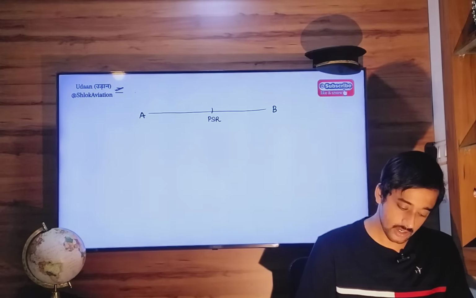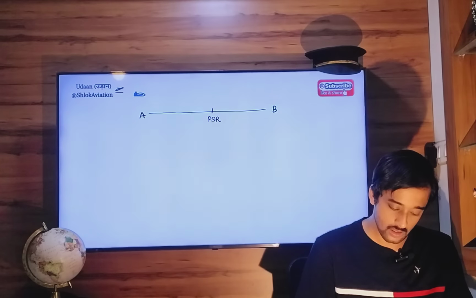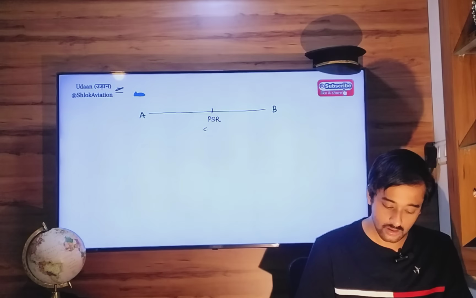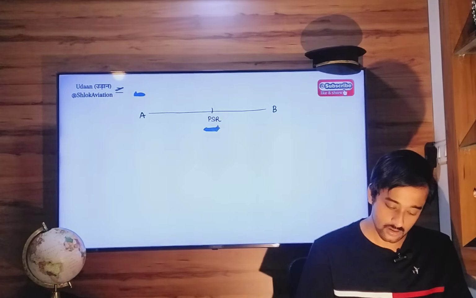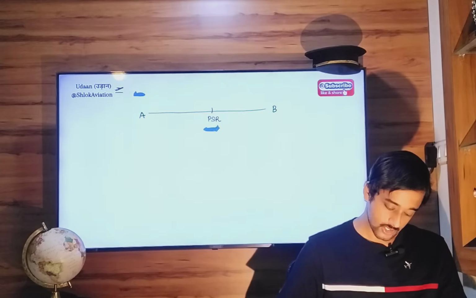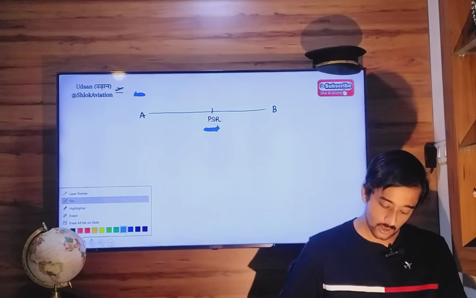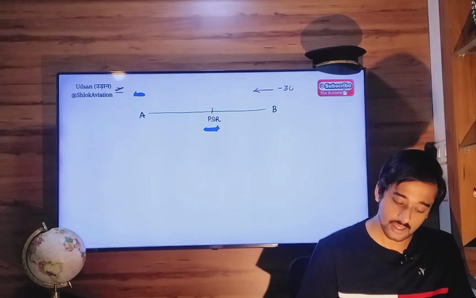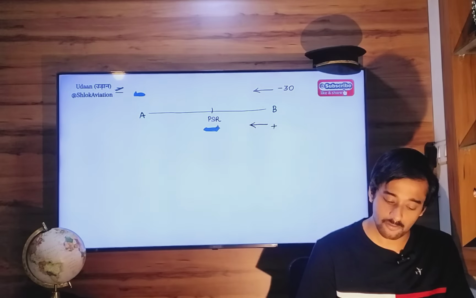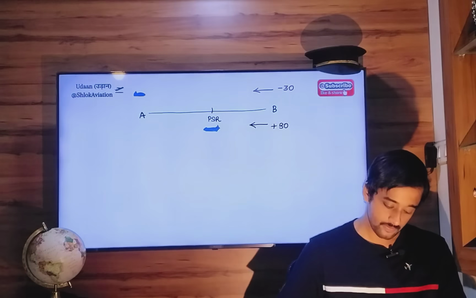Here is your aircraft. You're getting a headwind of 30 knots on the outbound leg, so this is minus 30. That same wind will become a tailwind of plus 30 on the return leg.